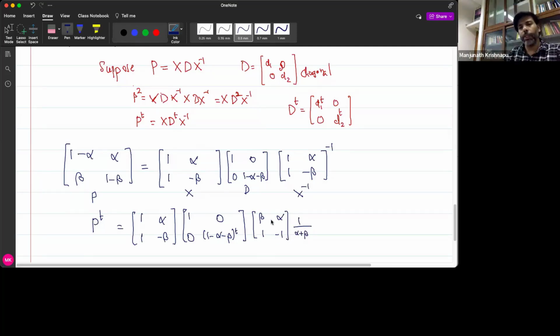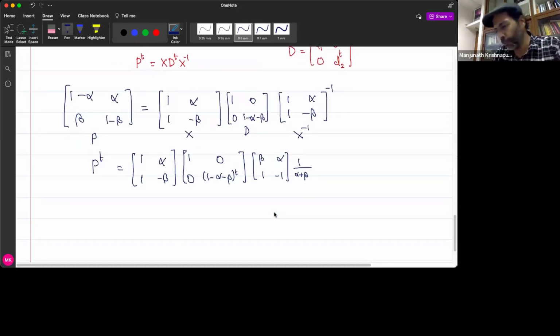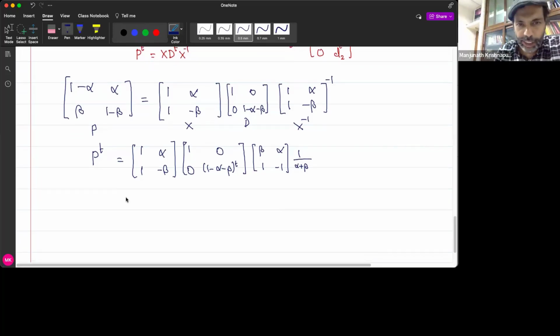Okay, 1 over alpha plus beta times this. This algebra you can check. I have done this before and I'm copying from my notes. Once you have this, you can just multiply and see. You just have 3 matrices to multiply.